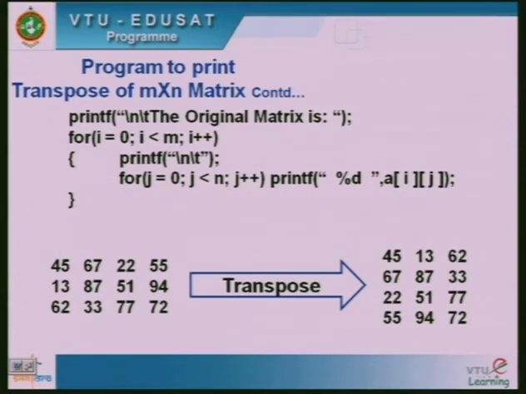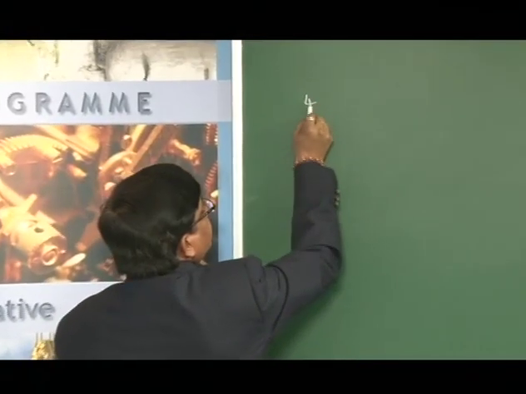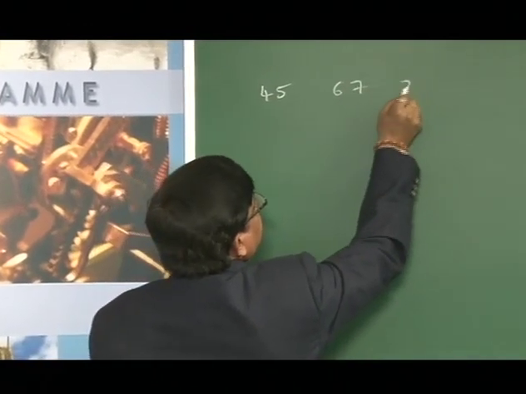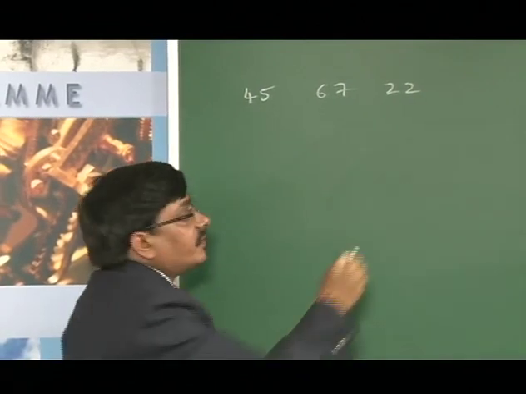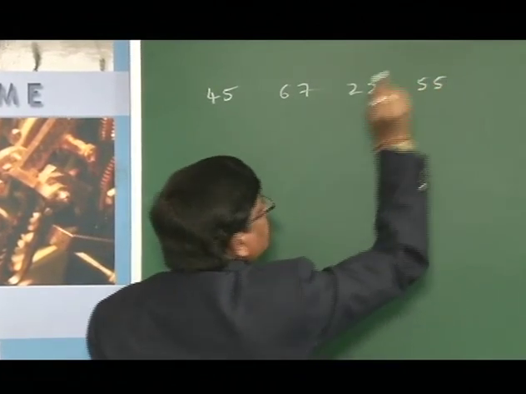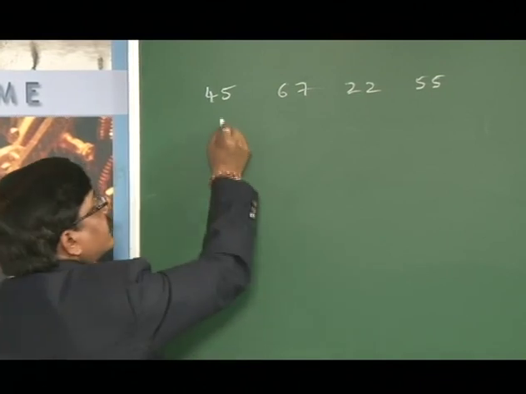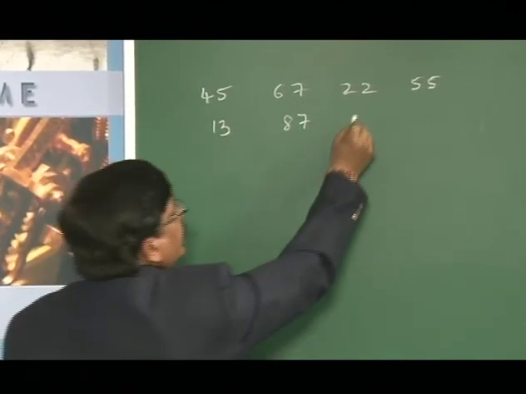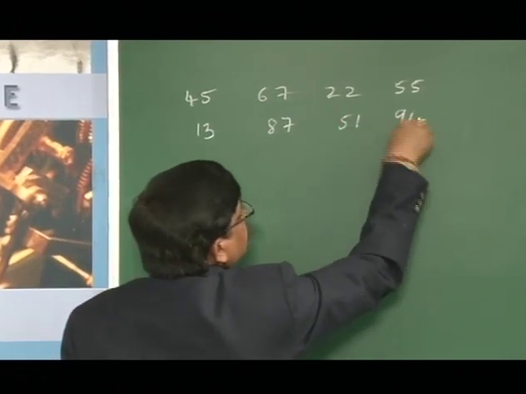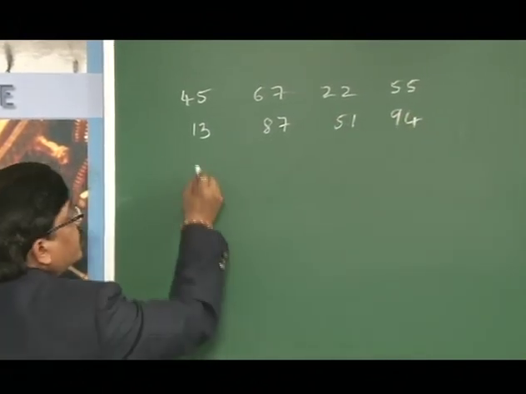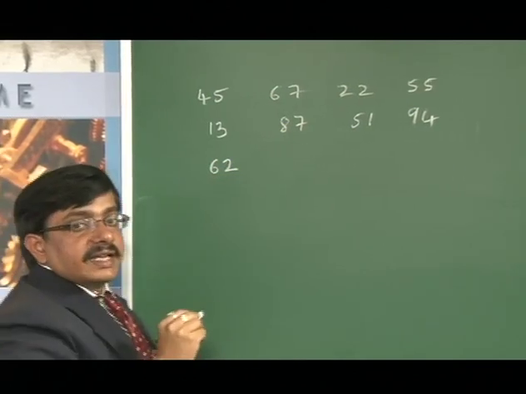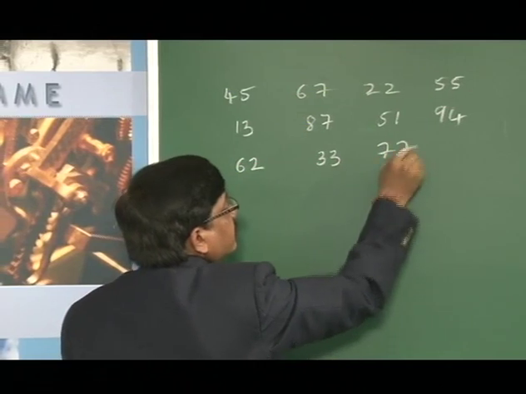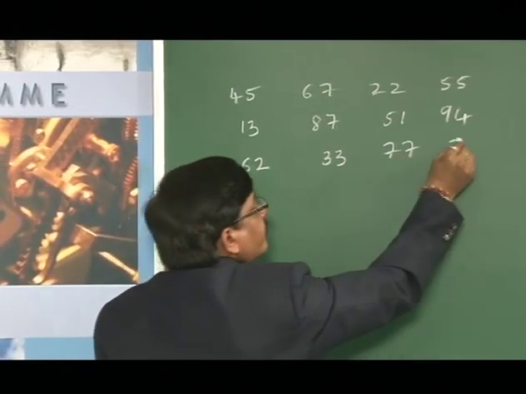Here, if I take the elements 45, then 67, then 22 and then 55, the next row elements are 13, 87, 51 and 94, and the next row elements are 62, 33, 77 and 72.